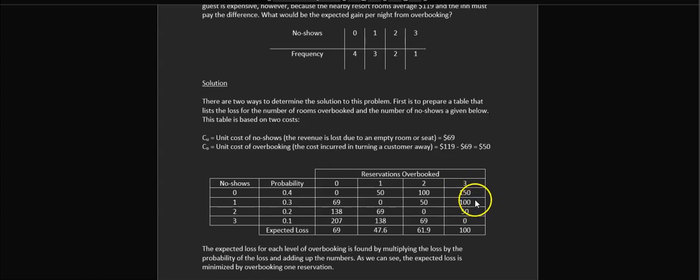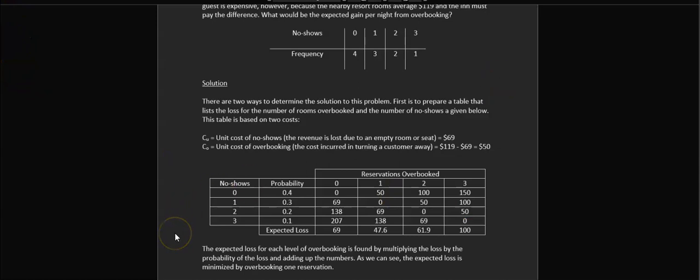If you have 1 no-show, you have to send 2 to another hotel. If you have 2 no-shows, you have to send 1, and then 3 overbooks and 3 no-shows is a break-even because you have 3 available rooms for 3 overbookings.